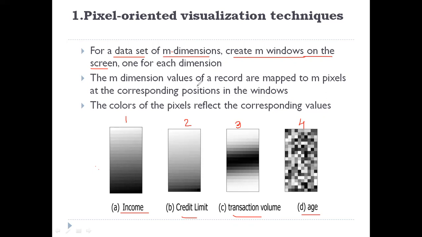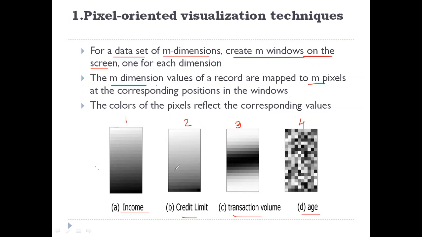The m dimension values of a record are mapped to m pixels at the corresponding positions in the windows. Income is represented, it may be from high to low. Even credit limit also, transaction volume, and age also.